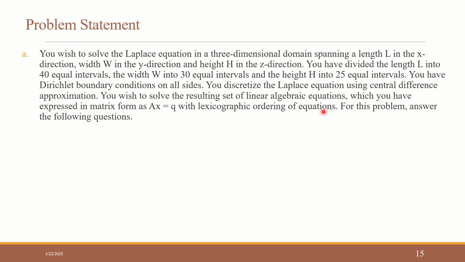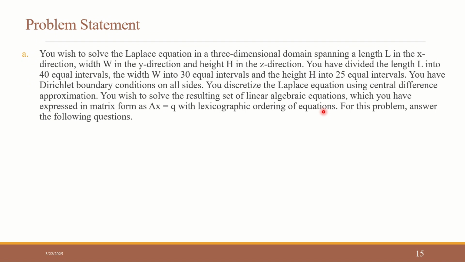You wish to solve the Laplace equation in a three-dimensional domain spanning a length L in the x direction, width W in the y direction and height h in the z direction. So what we are doing, we got a three-dimensional domain, L in x direction, W in y and height in z. And we are dividing the length into 40 divisions, width into 30 divisions and height into 25 divisions equally.